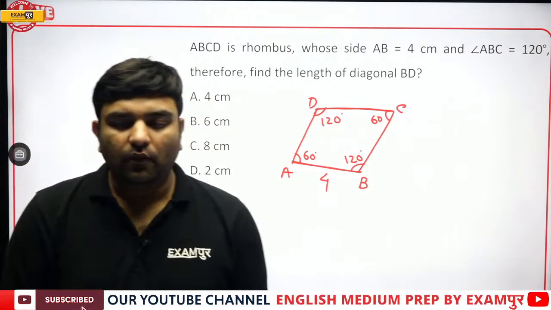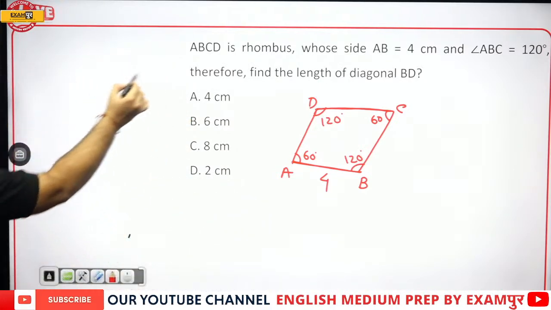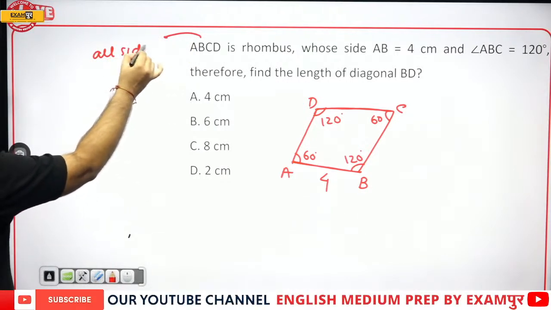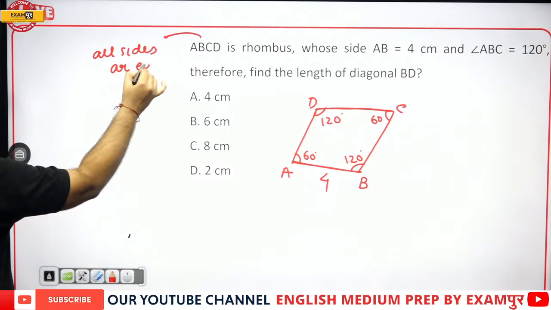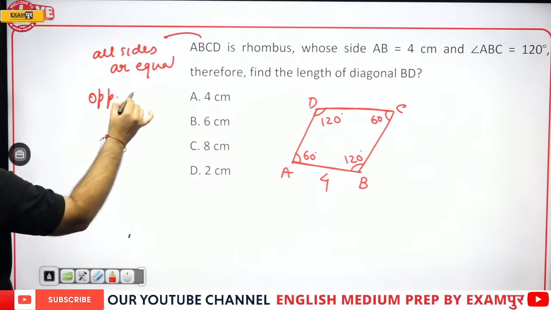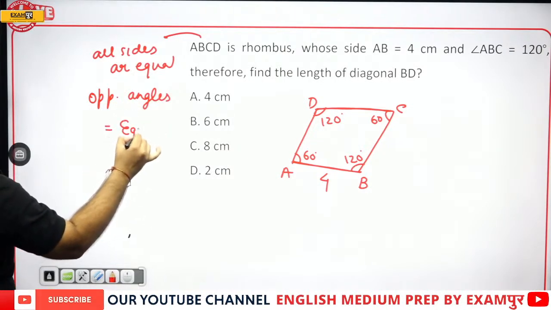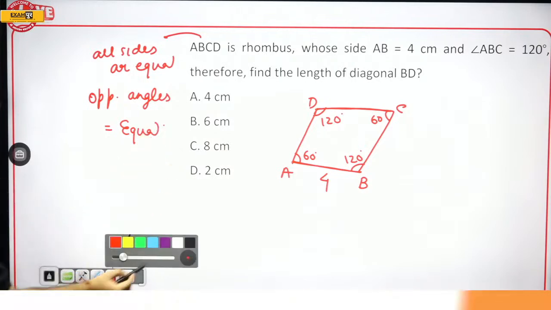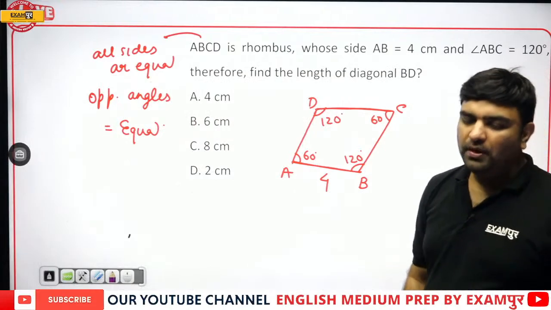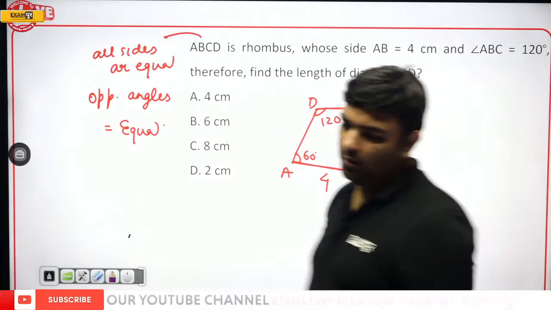In a rhombus, all sides are equal and opposite angles are equal.